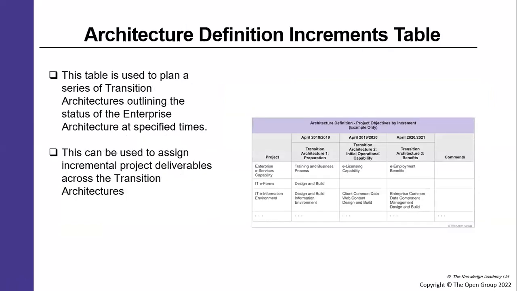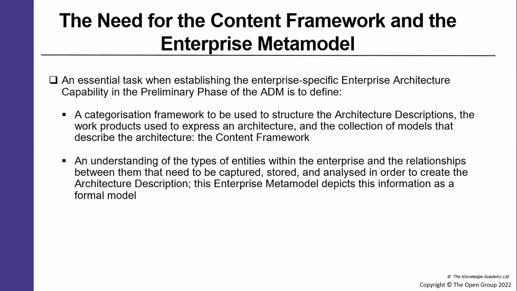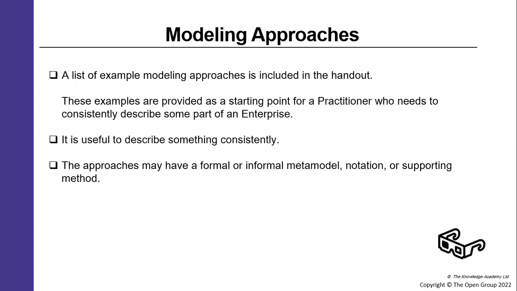Now, definition increment table, all the migration planning techniques, correct? Now, content framework we already covered. You remember that? Content framework, deliverables, artifact, building block, all that, correct? Now, meta model also we discussed, the 6 extensions, all that.